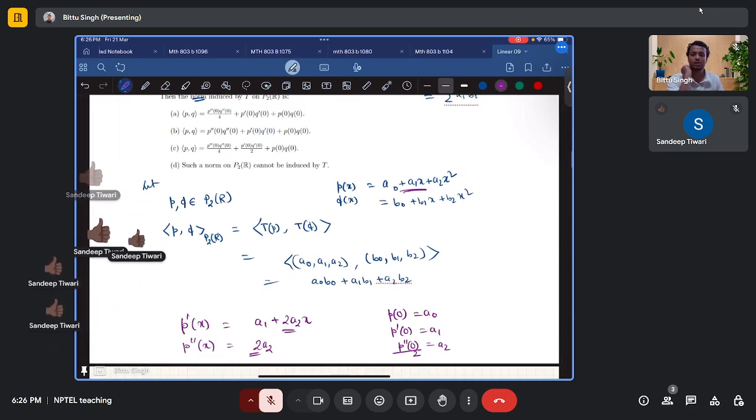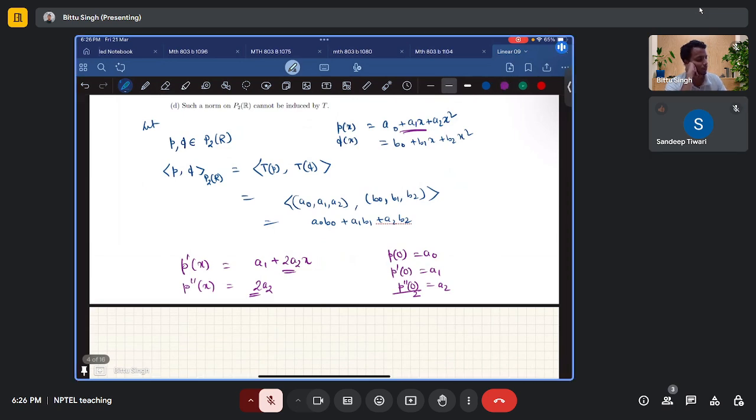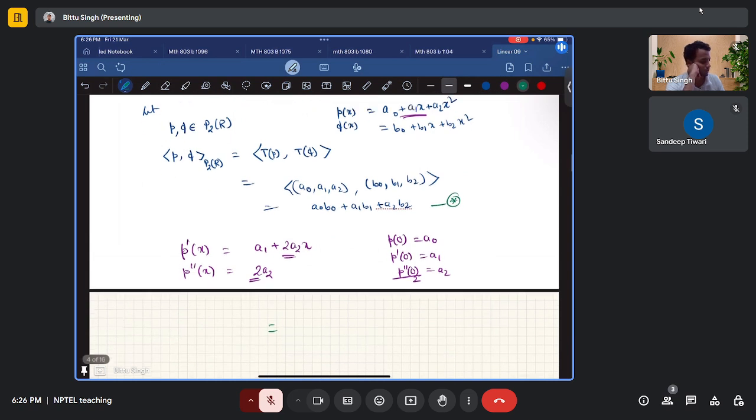Yes, option C is correct, sir. So if we put all those values here, we get p(0) times q(0) plus p dash 0 times q dash 0 plus p double dash 0 by 2 into q double dash 0 by 2.